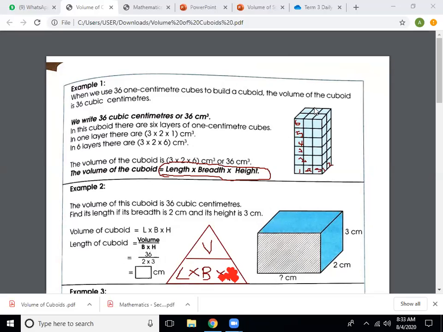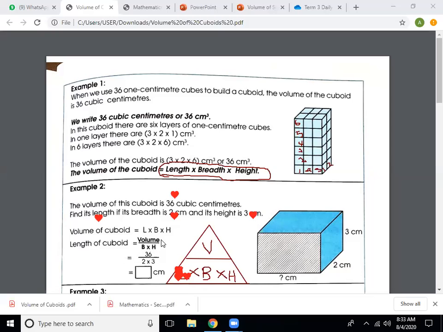So if I were to just scan through these examples, they say the volume of a cuboid is 36. I know the volume is 36 and I want to find its length, when I know the breadth and I know the height.